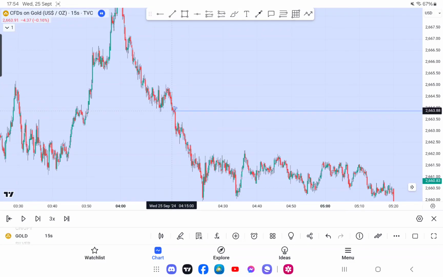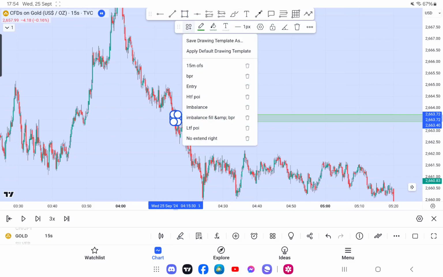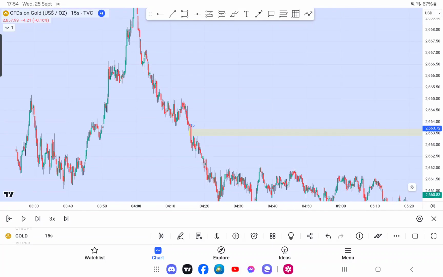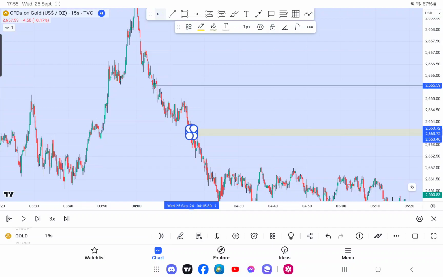So maybe this imbalance fill around here. Like I say, gold doesn't print imbalances the best sometimes, so if I can see something like that on the 15 on here, it's probably quite prominent. We've also possibly got this up here as well. Take profit.